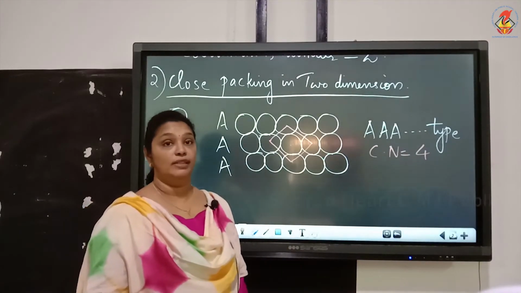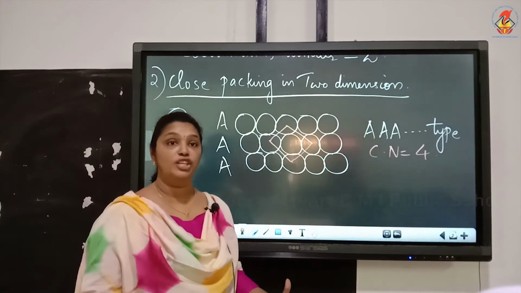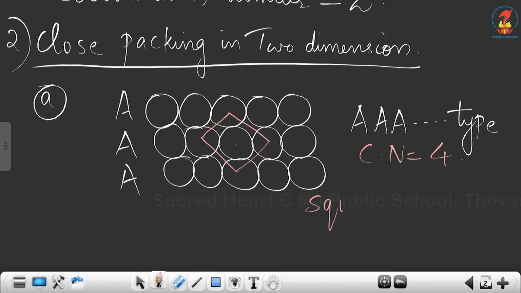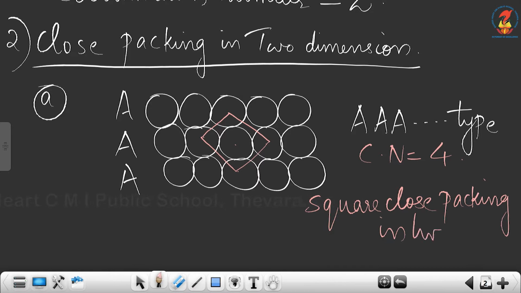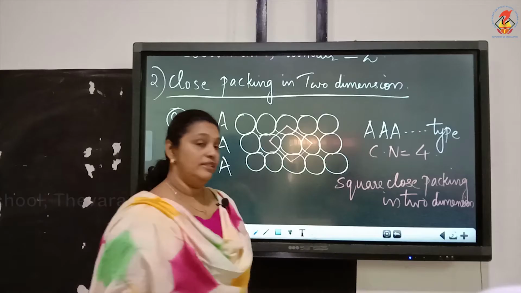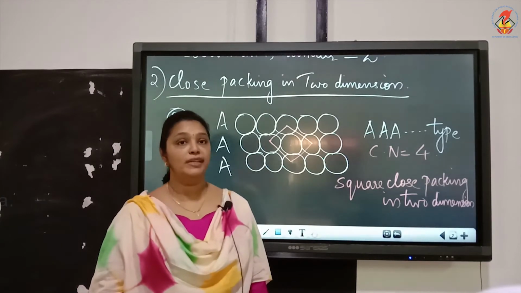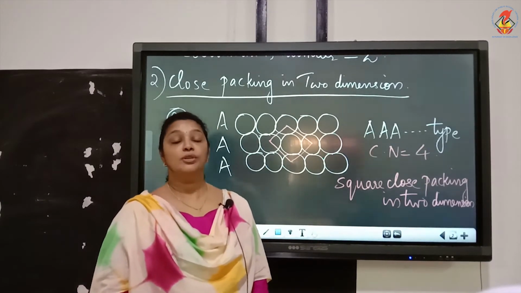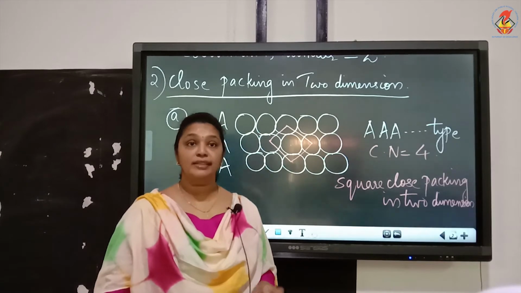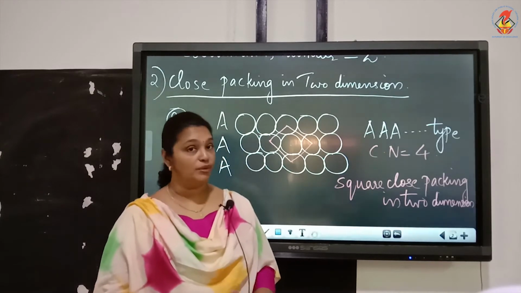So we can call this type of packing or arrangement as square close packing, and this is in 2 dimension. And what is the coordination number of square close packing in 2 dimension? Coordination number is equal to 4. So this is one method of arranging the spheres in 2 dimension.